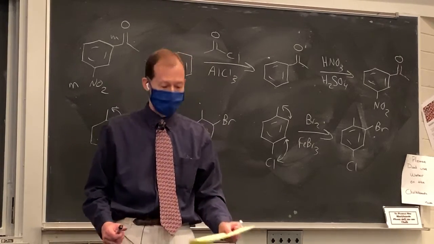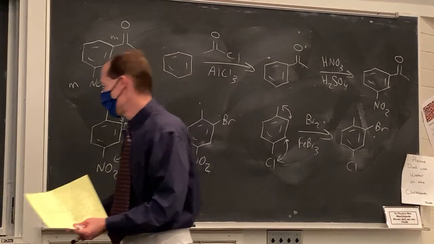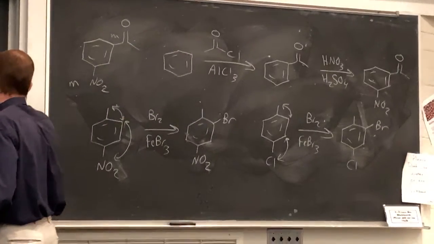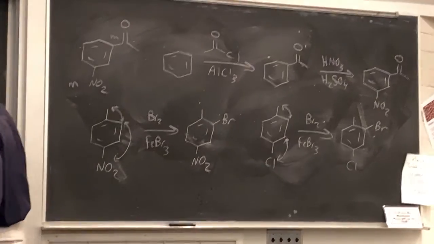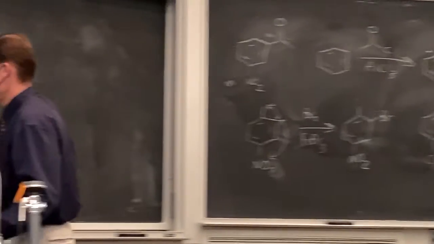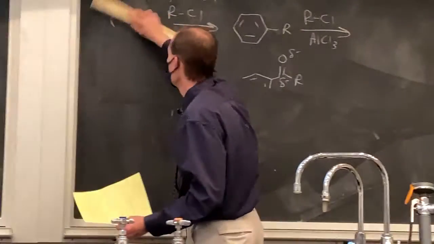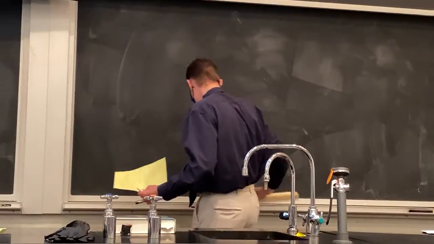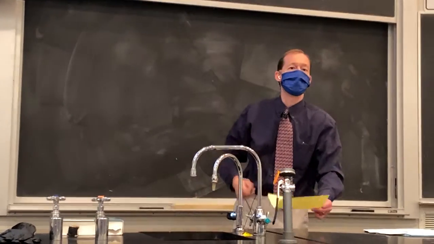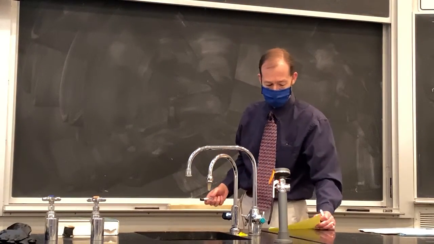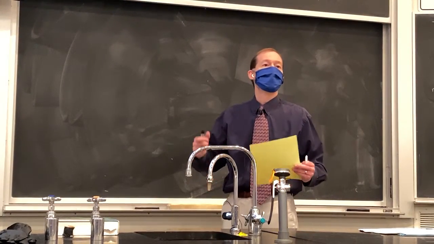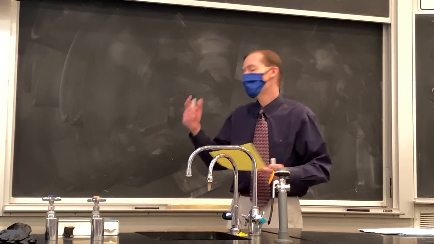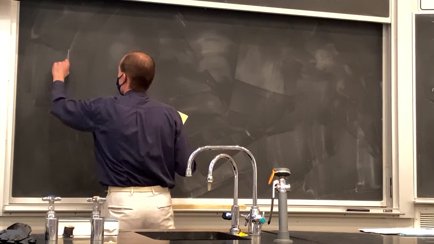Okay. There's one more issue that we need to discuss in regards to di-substituted benzenes. And that is, if we have two substituents that are meta to each other, we cannot perform electrophilic aromatic substitution in between those two substituents.